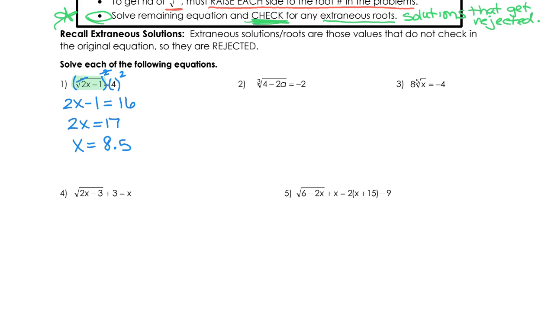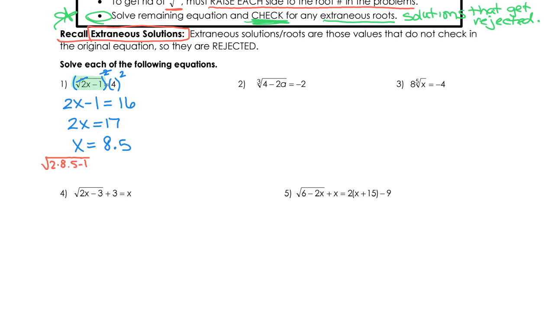Most people will think that we're finished here, but we're not. We have to remember that we have to check, because we could have solutions like 8.5 that when plugged into the original don't make any sense. So on the left-hand side, we're going to type into our calculator the square root of 2 times 8.5 minus 1, and we hit enter.